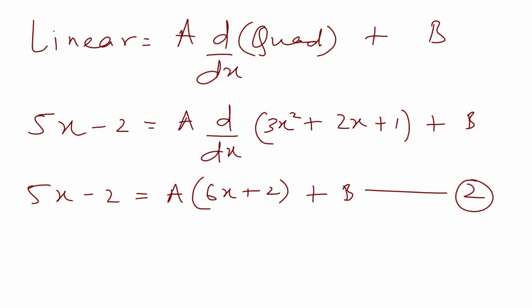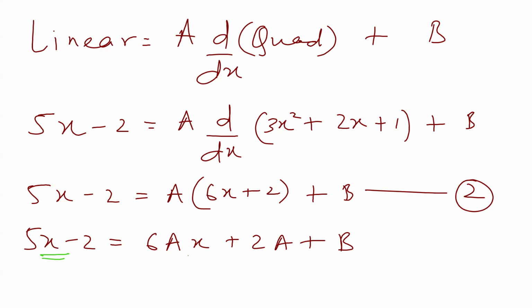After marking equation number 2, you can open the bracket on the right hand side: 6ax plus 2a plus b. A into 6x is 6ax, a into 2 is 2a. Now underline the x terms in the left hand side and the right hand side.